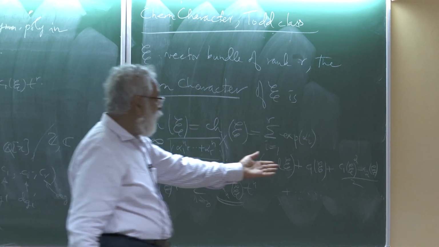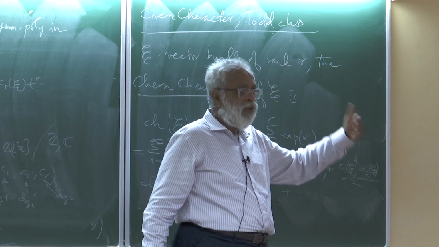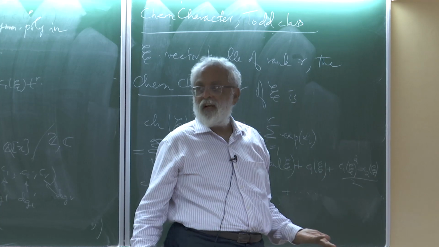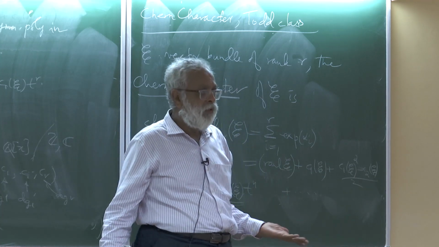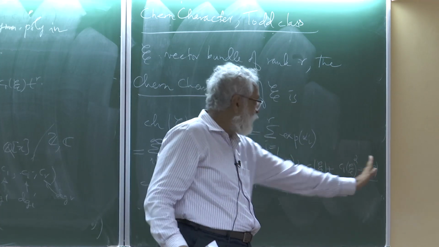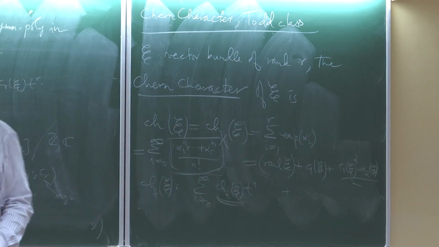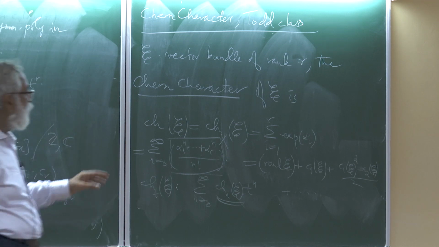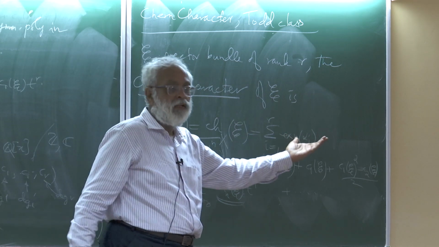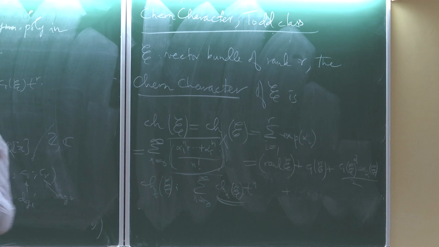Any homogeneous polynomial in these Chern classes of degree n bigger than the dimension of X is anyway the zero operator. So in that sense, on a given X, this expression anyway stops. Even though I wrote exponential, I took exponential as something which is nilpotent. That's the style in which this works.